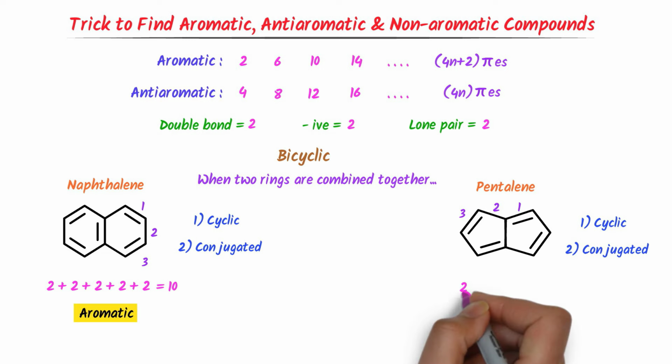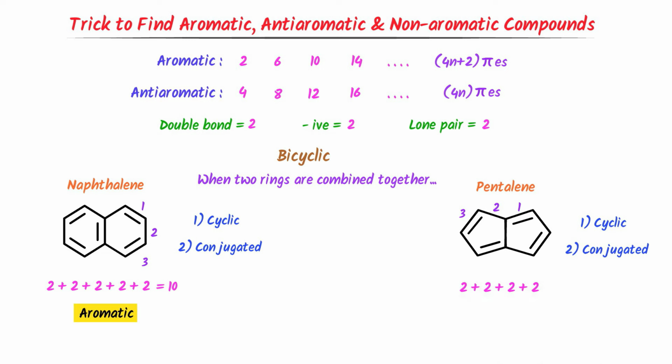I write 2 plus 2 plus 2 plus 2, which is equal to 8 electrons. According to the rule, if a compound contains 8 electrons, it is an anti-aromatic compound. So this organic compound is an anti-aromatic compound. Thus, note down these two important bicyclic organic compounds.